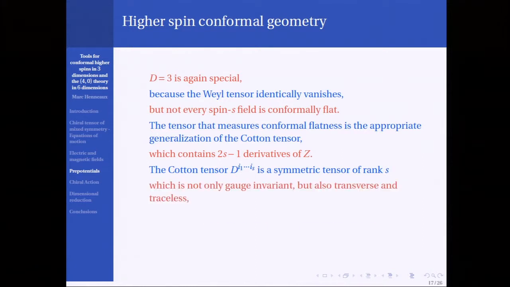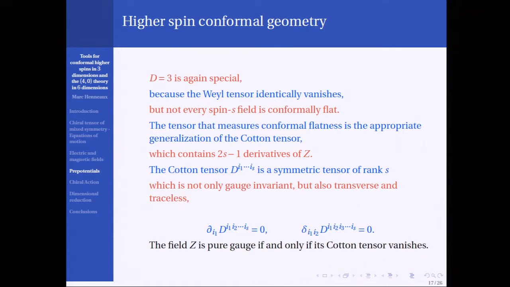It is traceless, and it is transverse. And one can show, I will briefly comment on the construction, that the field will be pure gauge, so the sum of a linearized spin S diffeomorphism plus a linearized spin S Weyl transformation, if and only if its Cotton tensor vanishes. So that replaces the Weyl tensor.